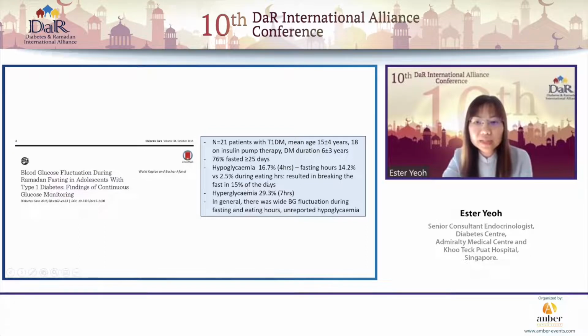Time spent in hypoglycemia was about 16.7%, which is 4 hours, with 14.2% in the fasting hours versus 2.5% in the non-fasting hours. This resulted in breaking of the fast on 15% of the days. The hyperglycemia was about 7 hours. In general, there was wider blood glucose fluctuation during the fasting and eating hours, as well as unreported hypoglycemia during Ramadan.